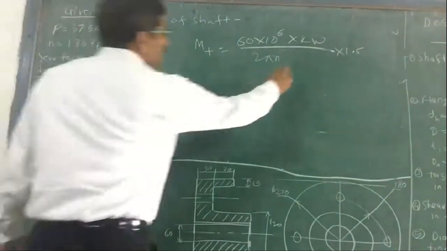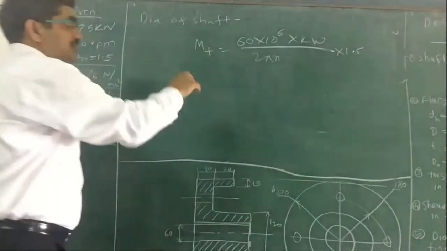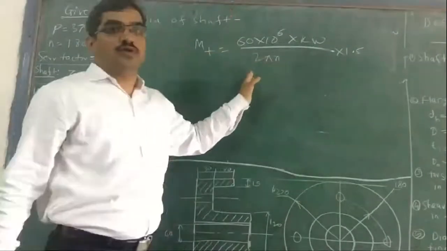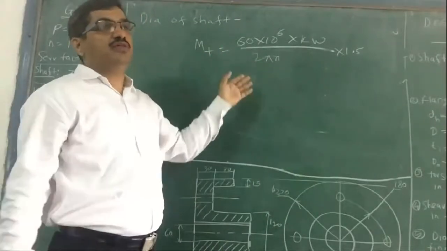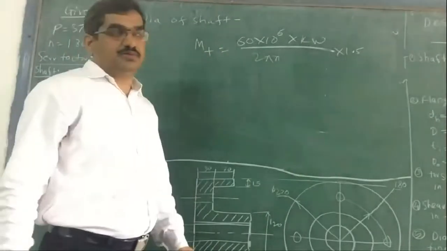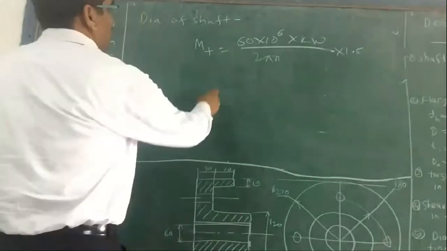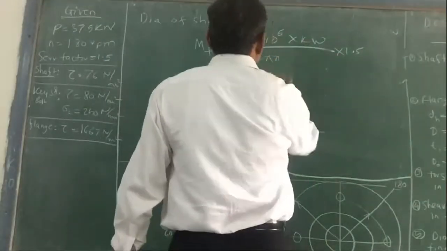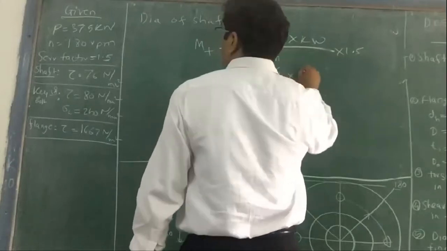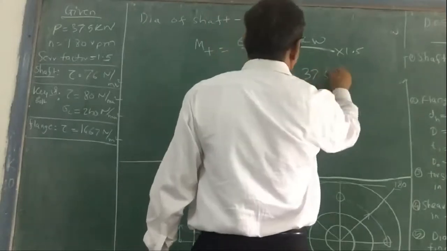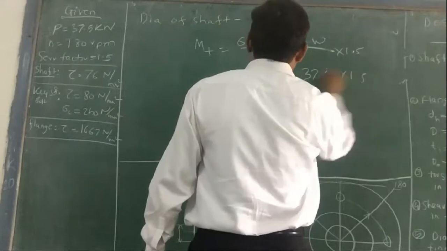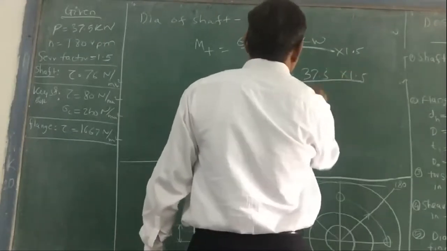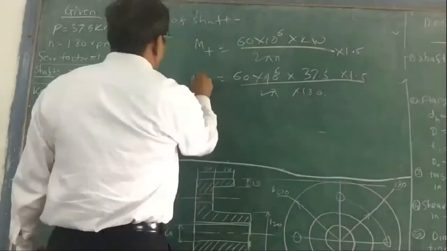So that means 1.5 times, this is the design torque, so the actual torque we are going to design for is more than the ideal torque. So it will be 60 into 10 to the 6 into kilowatt 37.5 into 1.5 upon 2 pi into 180.